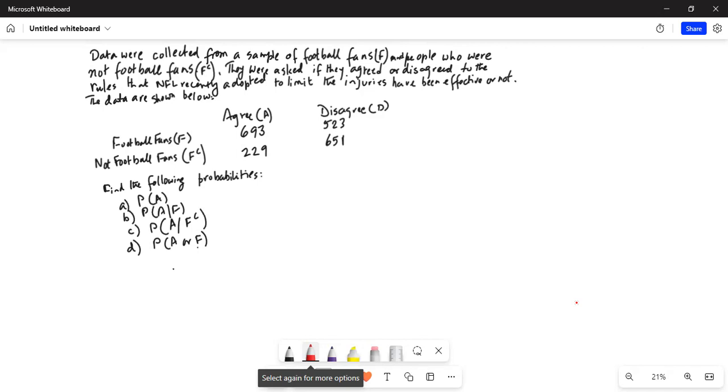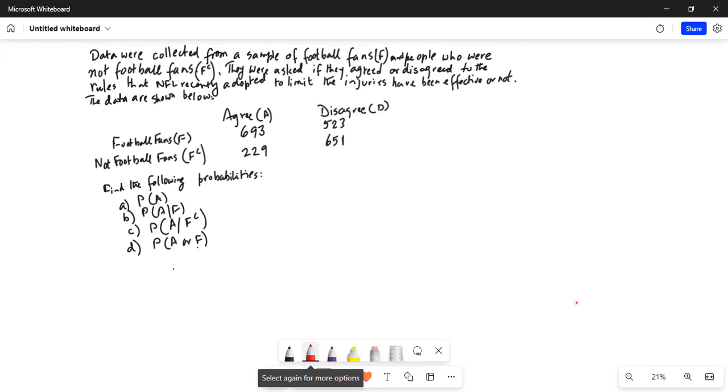Football fans are in the first row of the table, not football fans in the second row. And there are two categories of their judgment. The first column is agree, indicated by capital A, and the second column is disagree, indicated by capital D.